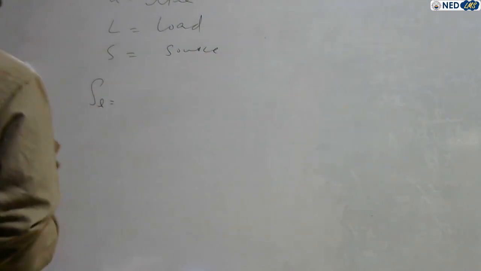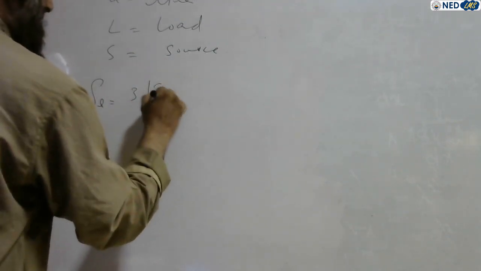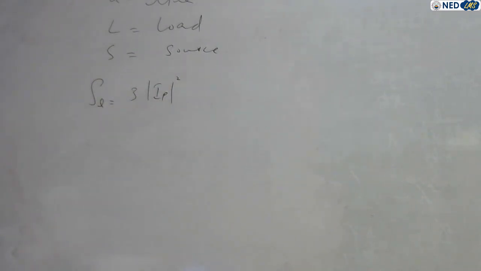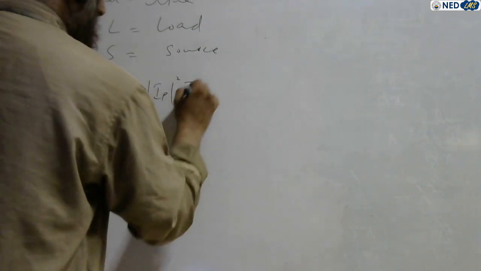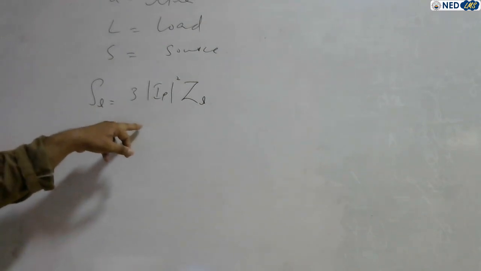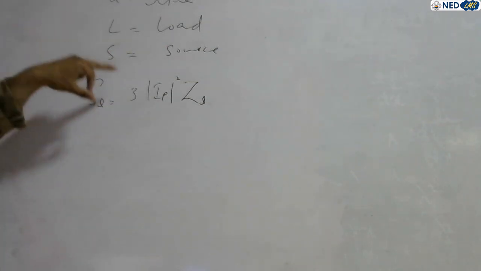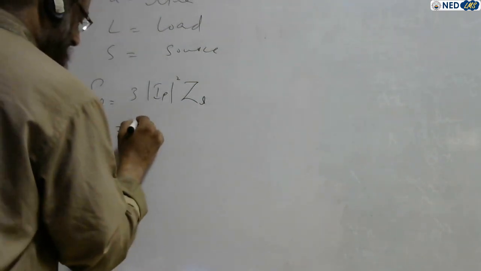So the line complex power is thrice the phase current, or line current, since in a balanced star connection line current and phase current are the same, times the line impedance. In the load case it was times the load impedance. Now it is the line impedance, ZL, and we just put in the values.